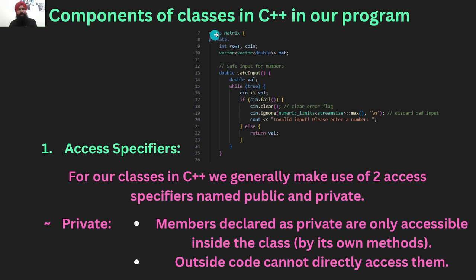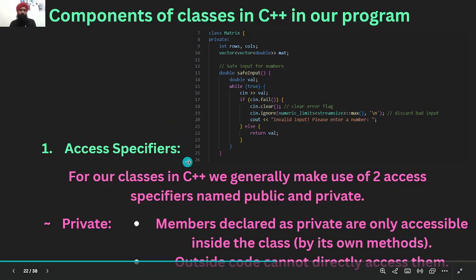Now here are the components of classes in C++ in our program. The first topic is access specifier. In C++ we actually have three access specifiers: public, private, and protected. But in our program we only use two access specifiers, named private and public. So we don't usually take any concern about protected.